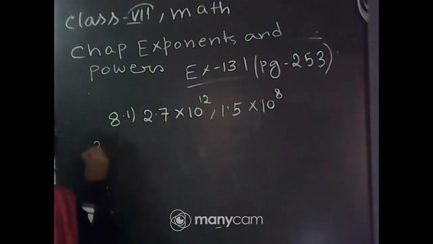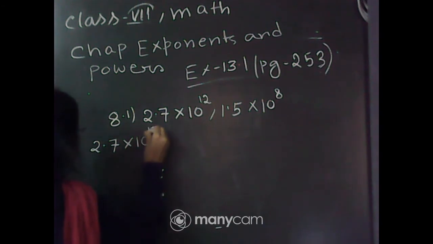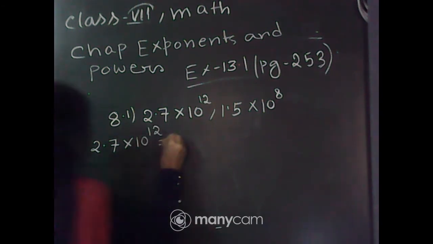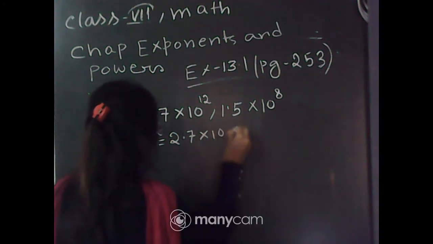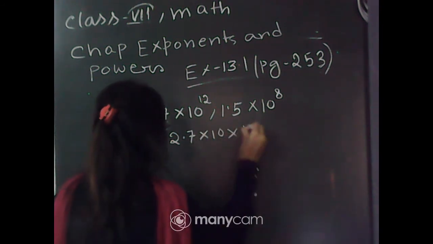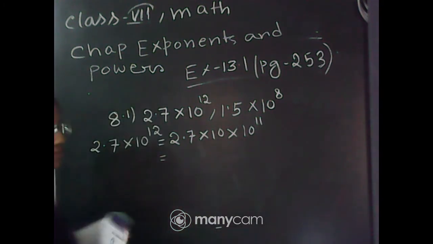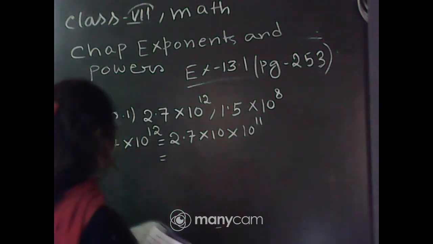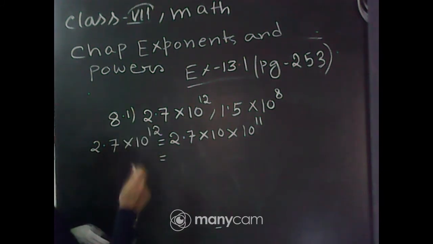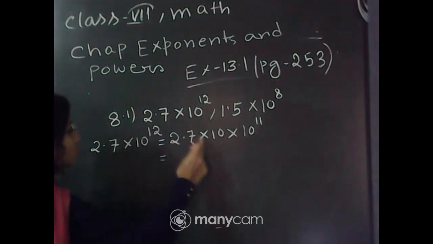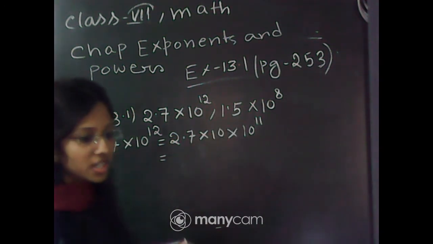Now 2.7 into 10 to the power 12 is equal to 2.7 into 10 to the power 11, isn't it? We can write 2.7 into 10 to the power 12 as 2.7 into 10 to the power 11. Up to this portion, any problem?